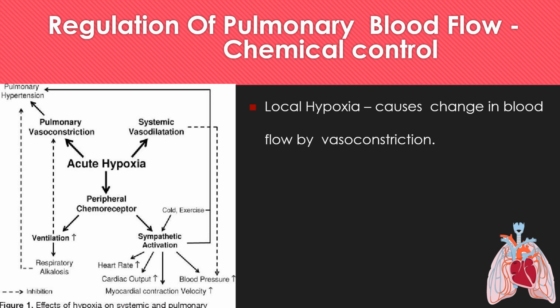What is the mechanism for that? What they feel is that the pulmonary vascular endothelium decreases the formation of nitric oxide. We know that nitric oxide is a potent vasodilator.